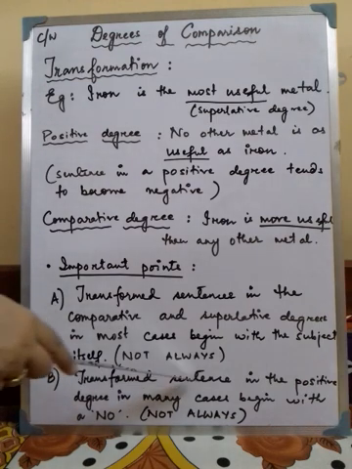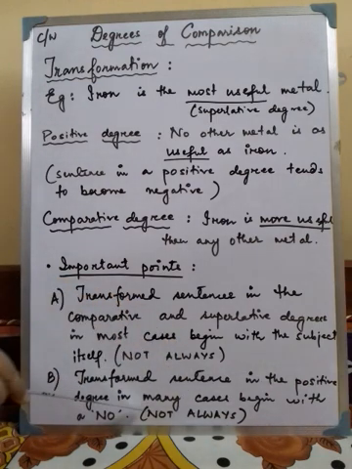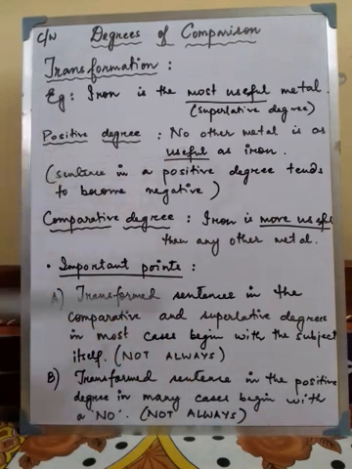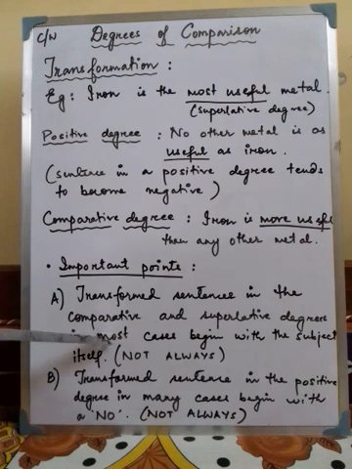And in the transformed sentence in the positive degree, in many cases begin with a "no", making the sentence a negative one. So remember, these are used in most cases and not always. Not that you will find always positive degrees beginning with "no", or that they are always negative.